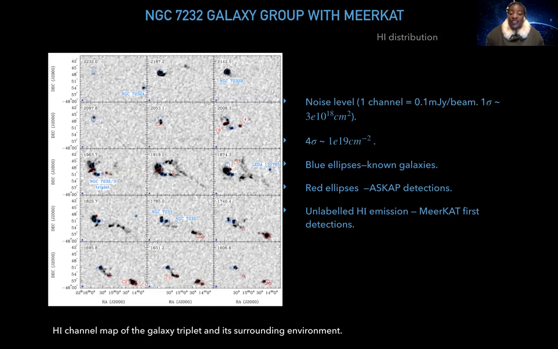And everything that is not labeled, the black emission you are seeing, represents MeerKAT new detections. There are many features that you can see in different channels, such as the HI tail that becomes prominent in the third panel. You can see clearly the HI tail detected with MeerKAT.